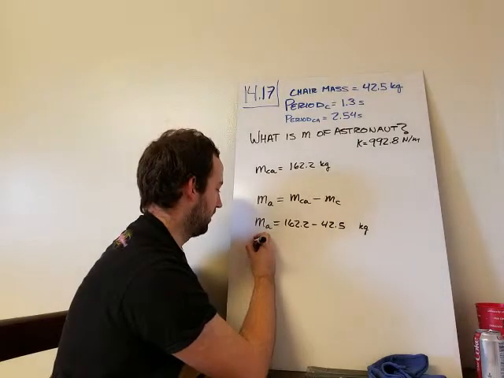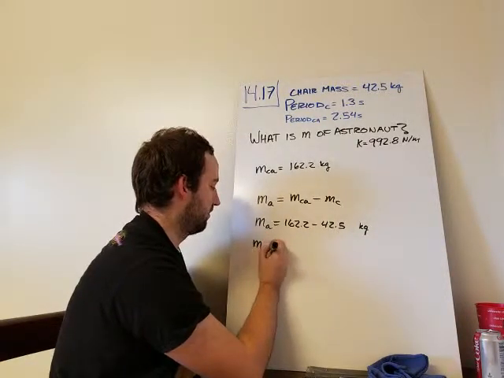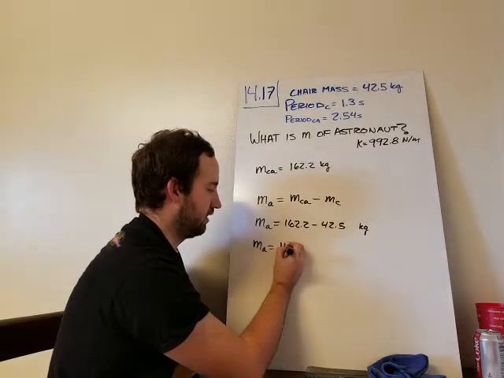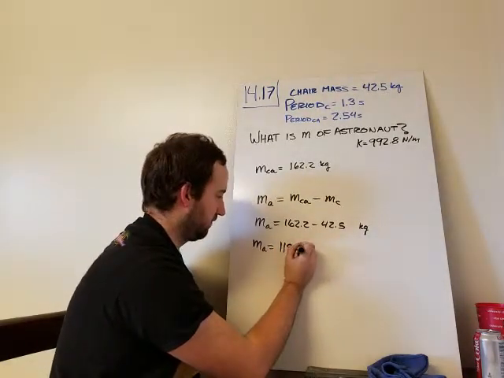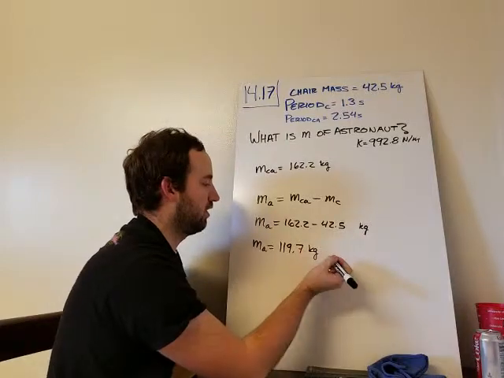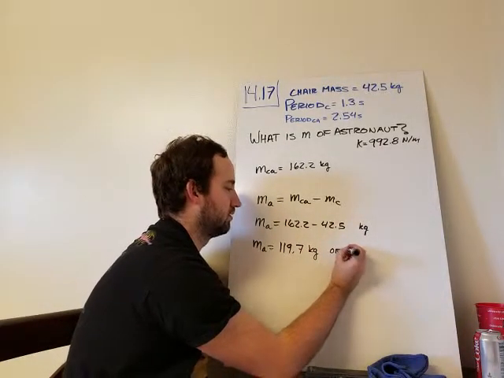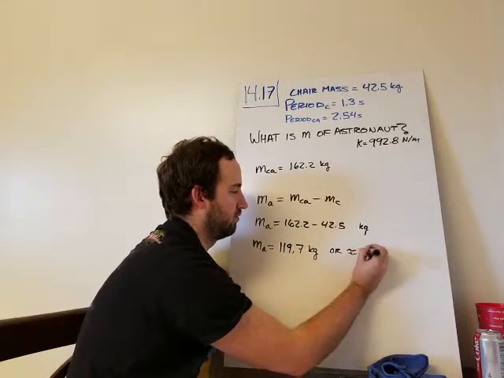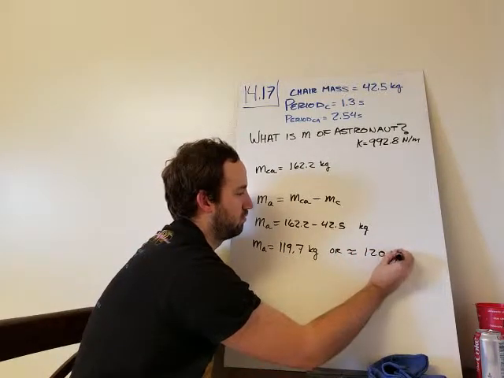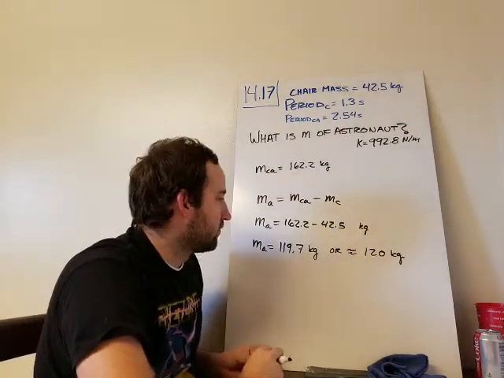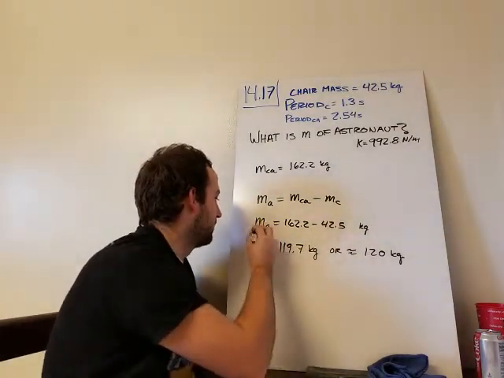So we end up getting that M sub A, the mass of the astronaut, is equal to 119.7 kilograms, or if you want to round it, it's about 120 kilograms. So that's our answer for this problem.